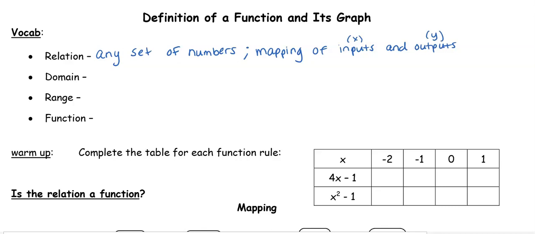The domain is going to refer to all possible input values, which we just said is representing those x values. Another way to look at that is if you think back to your science class, the domain is going to be representing that independent variable.